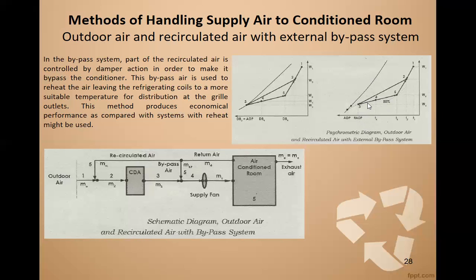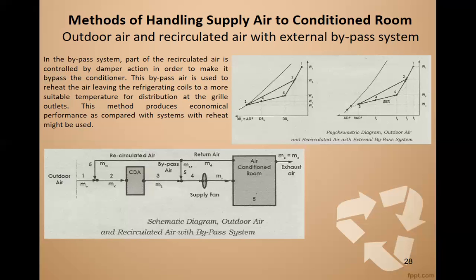Okay? So, in the bypass system, part of the recirculated air is controlled by damper action in order to make it bypass the conditioned air. This bypass air is used to reheat the air leaving the refrigerating coil to a more suitable temperature for distribution at the grille outlets.